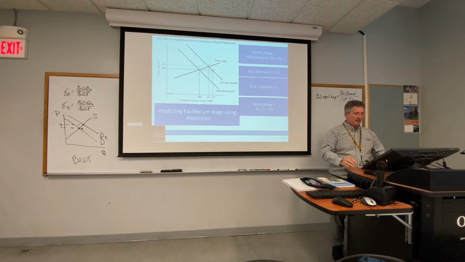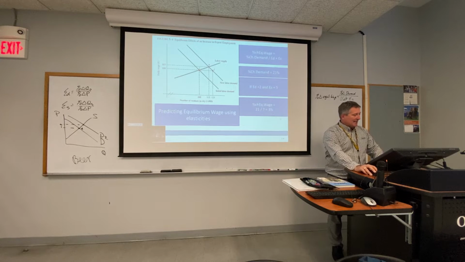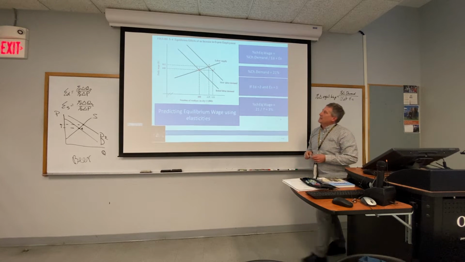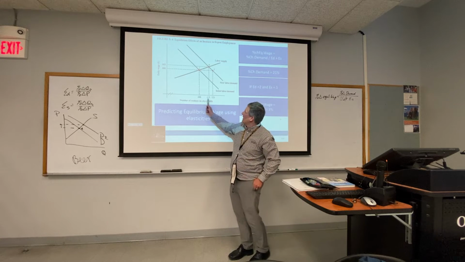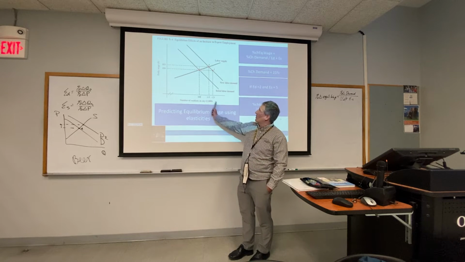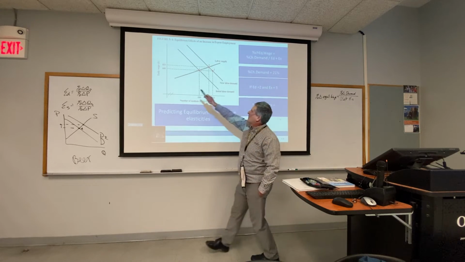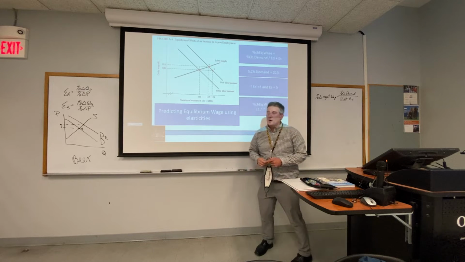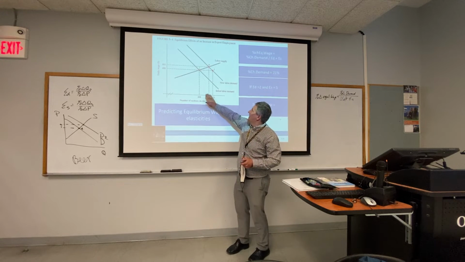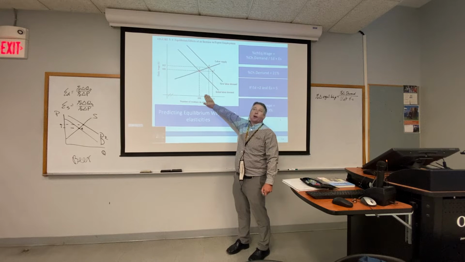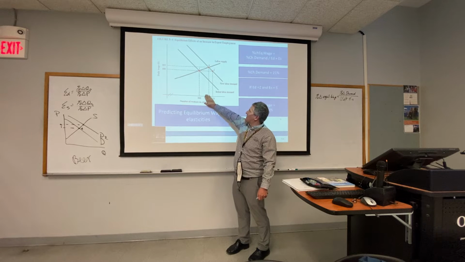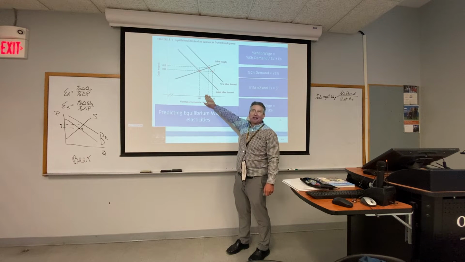Okay, anything else? All right, not quite done yet. What is the change in equilibrium employment, the number of workers? So what we did here brings us to the 3%, but now we end up here. What if a homework problem said, what is the change in quantity? What would you do? You don't know that this is 115 here. And we're not going to trust that our numbers are right on and we can kind of eyeball it.